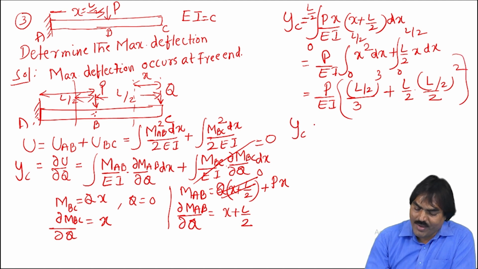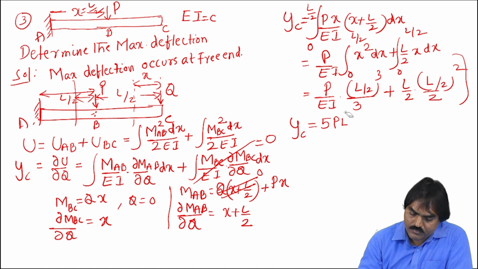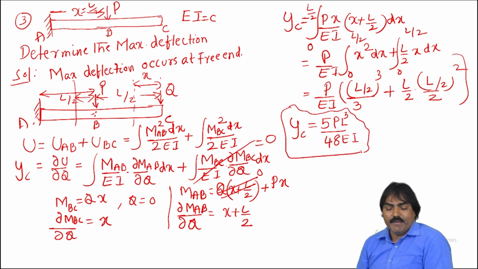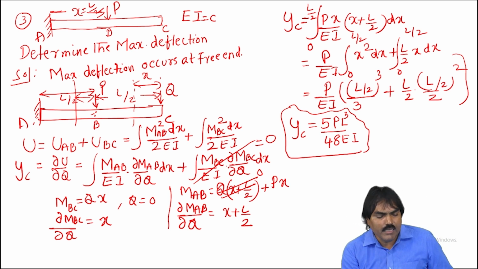So that YC becomes 5PL cube by 48EI. This is the deflection at the free end. Okay. This is by the energy method.